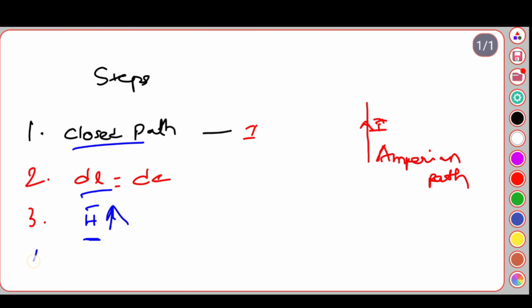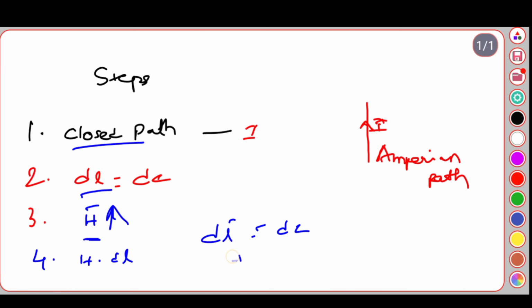The fourth step is to apply the law. Find H dot dl, the dot product. Make sure that dl and H are in the same direction. Suppose dl is in the z direction, dl equals dz az.